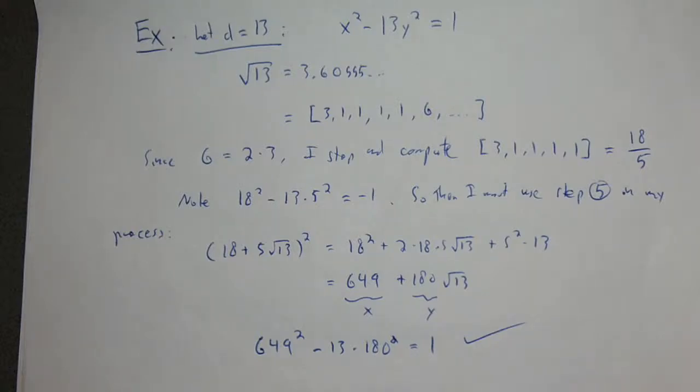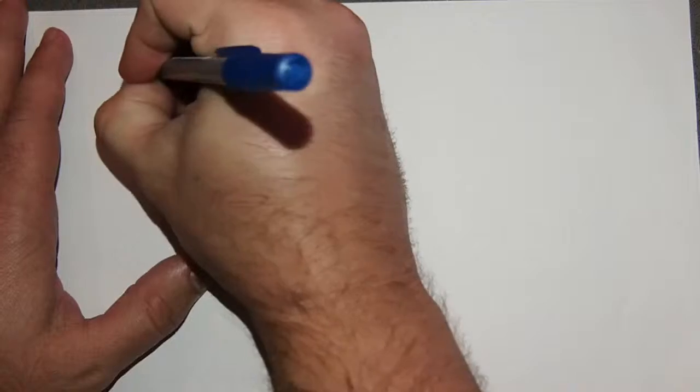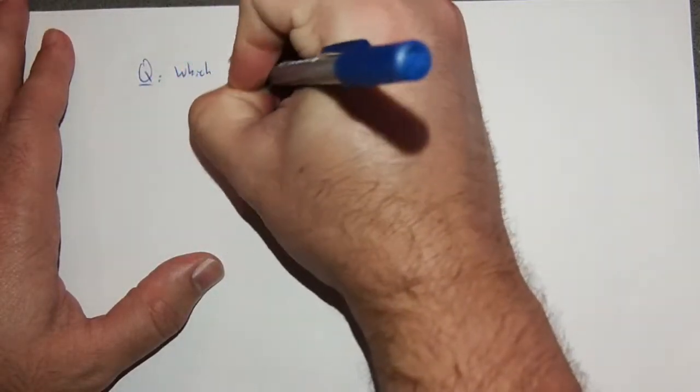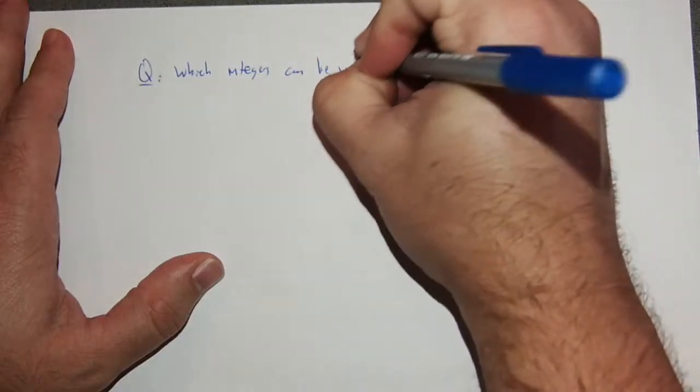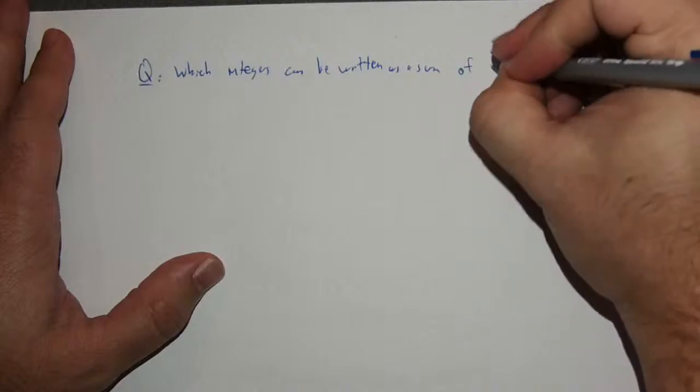Related to that question, which positive integers are sums of 2 squares? Which integers can be written as a sum of 2 squares?